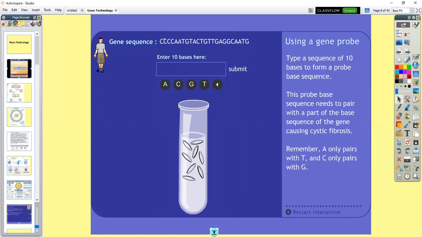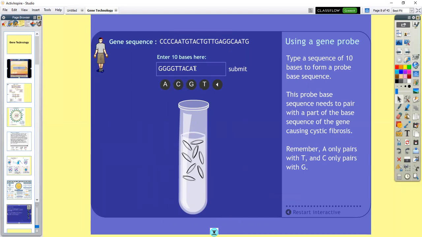Then I would make my gene probe. Now the gene probe would have to be complementary to this sequence of bases. So for C, we need 4 Gs. For A, it's 2 Ts, then an A, a C, then another A, then a T, then another G. So that's the first 10 bases there.